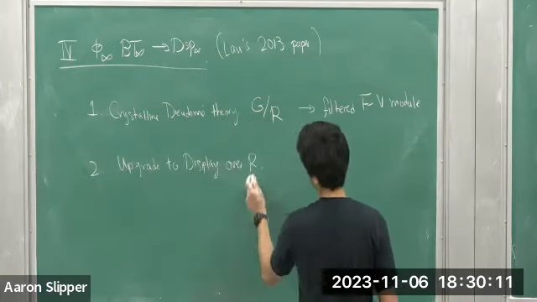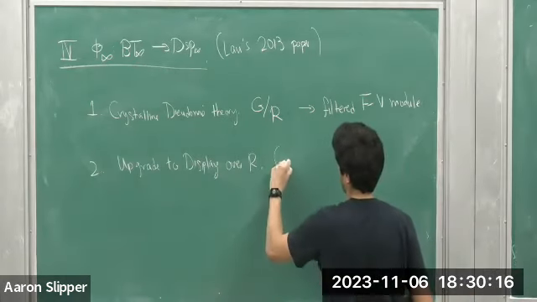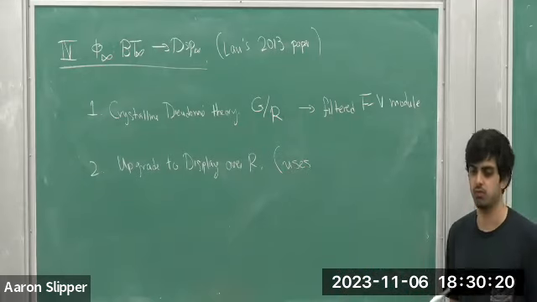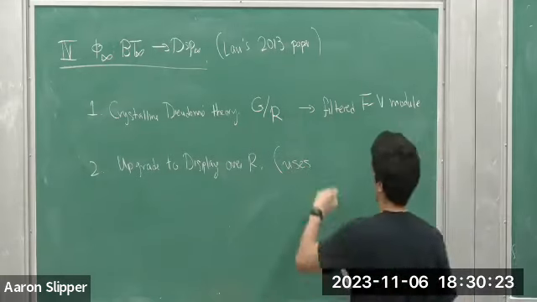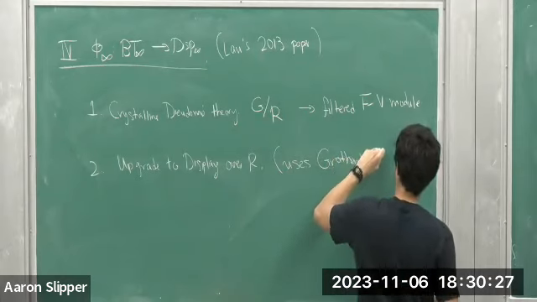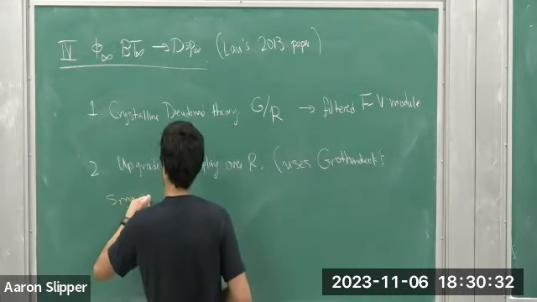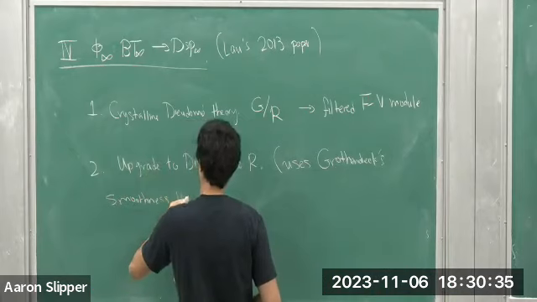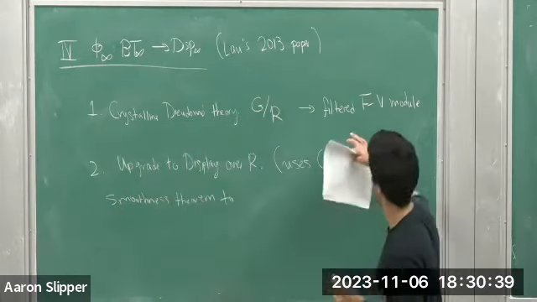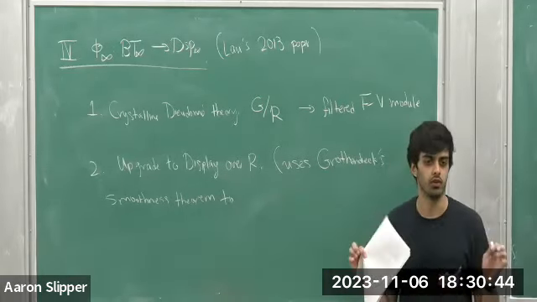And since I won't talk about this, I'll just mention some of the ingredients that go into that, which uses the Grothendieck theorem about smoothness of the truncation functors from DTN. Essentially what you need to do is go from a filtered FP module to a display in a universal case.